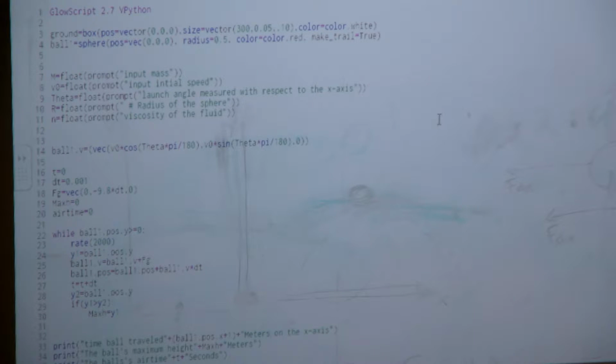All right, so here's the initial condition. We have t equals 0, and dt, which is 0.001, a thousandth of a second time step. The FG, which is our weight, notice that it is negative 9.8 times dt.